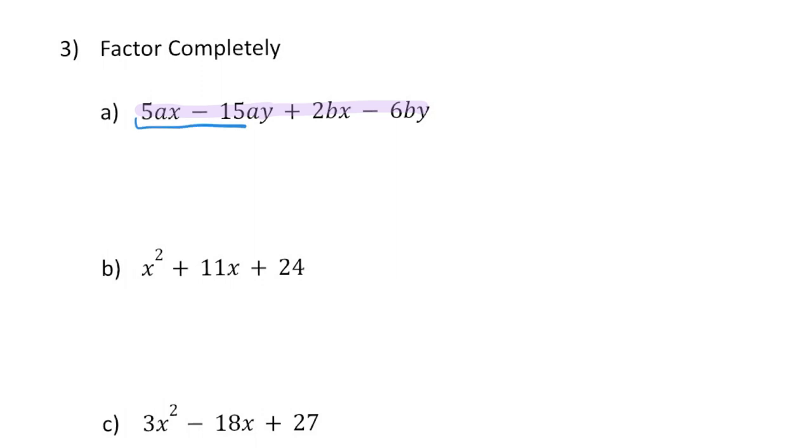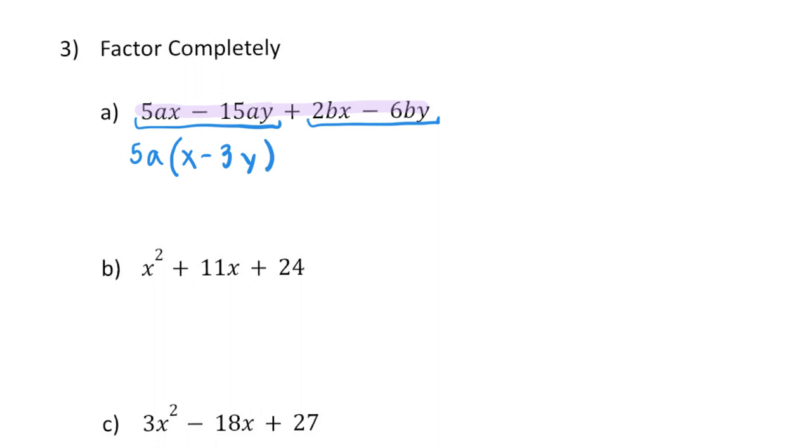So we've got the first 2 and the last 2. All right, now in each of the 2 groups, we're going to look for the GCF of the group. So between 5ax and minus 15ay, we have a 5a. When we factor that out, we're left with x minus 3y.